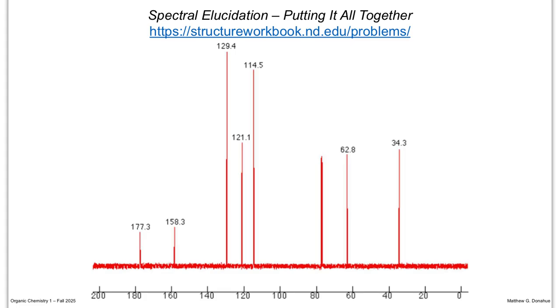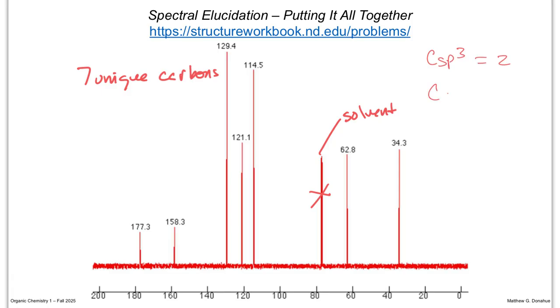So here's the carbon NMR. How many unique carbons are there? How many of those carbons are sp3 hybridized? How many are sp2?